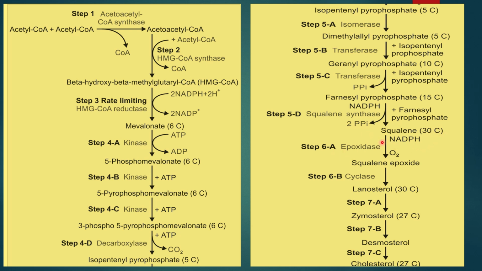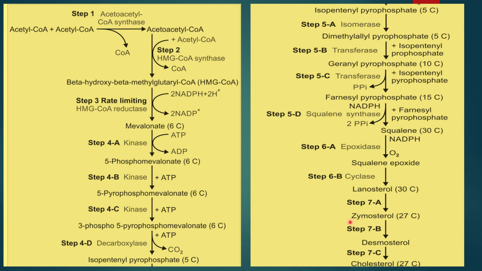Further, the epoxidase enzyme converts this squalene to squalene epoxide. Further, cyclase converts this squalene epoxide into lanosterol, which is again 30 carbon. In step 7A, there is a loss of 3 carbon atoms in the form of carbon dioxide.